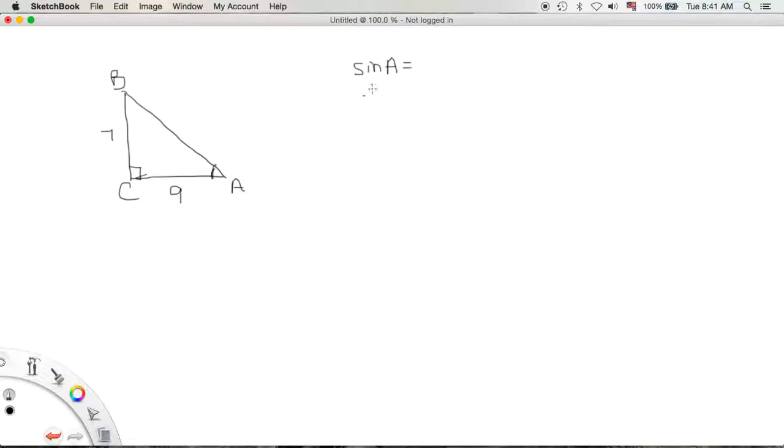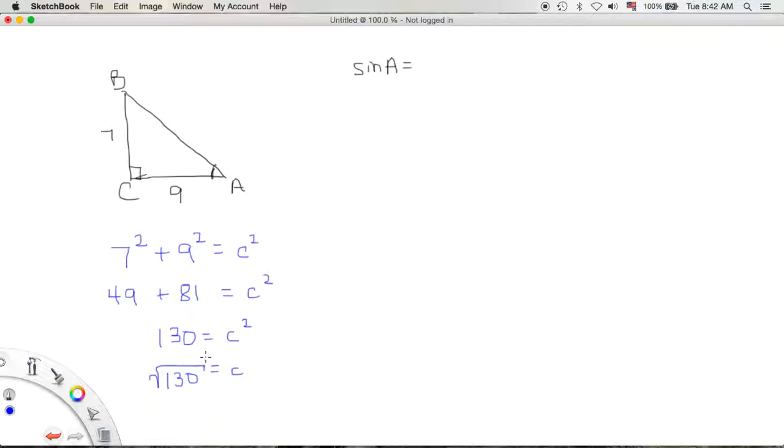Let's just say we want the sine. Well, we need to find this hypotenuse first. So we use our Pythagorean theorem. And we know that 7 squared is 49, and 9 squared is 81. So we add these together, and we get 130. So that means that C is the square root of 130.